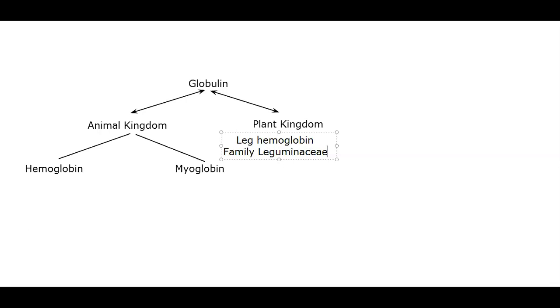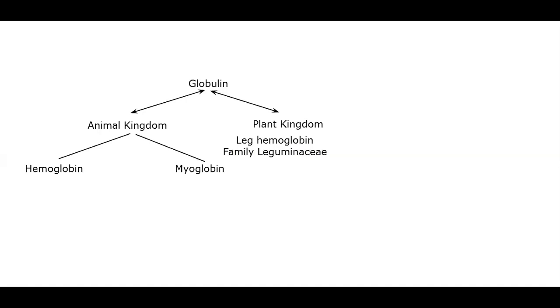Now, what is this Leguminosae family, and how does the Leguminosae family perform all these functions? That we will have to visualize. What is the function of leghemoglobin in Leguminosae? We are going to visualize through a particular animation how this leghemoglobin acts. So I would be sharing a 1-minute video with you all.